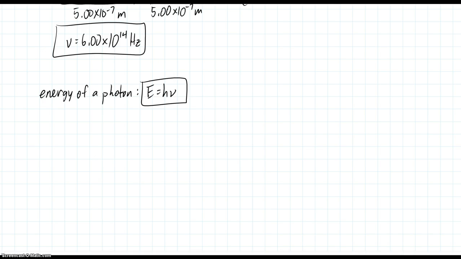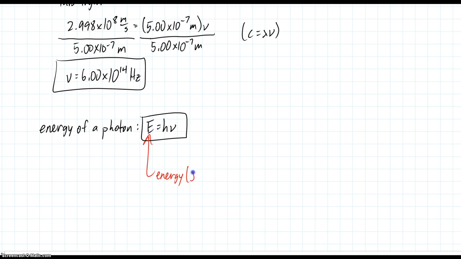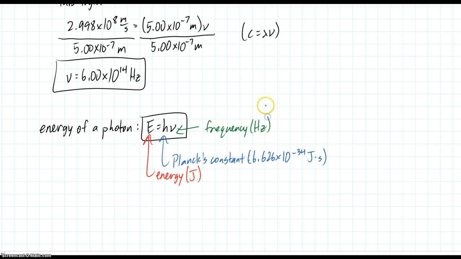And here the energy is measured in joules, which is symbolized with a capital J. H again is Planck's constant, whose value is 6.626 times 10 to the negative 34 joules times seconds. And nu is again the frequency in hertz.